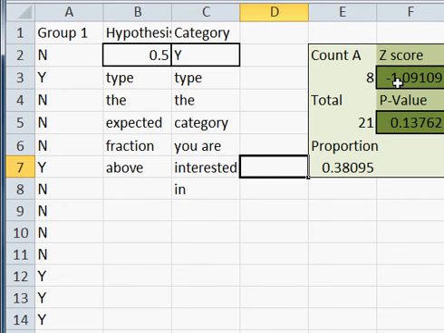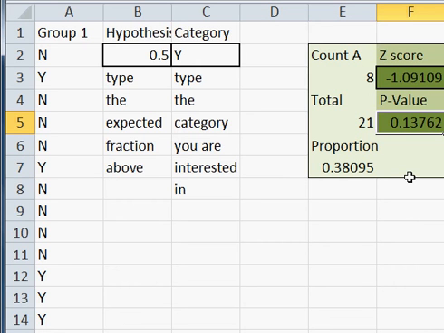So we've got this z-score that is essentially small. It's not bigger than 2 or more negative than negative 2. And that's borne out by the p-value here. We've got a 14% chance that this difference, that it was 38% and not 50%, was due to randomness and not actually deliberately collecting fewer smokers, or the actual proportion of smokers in the population not being 50%.